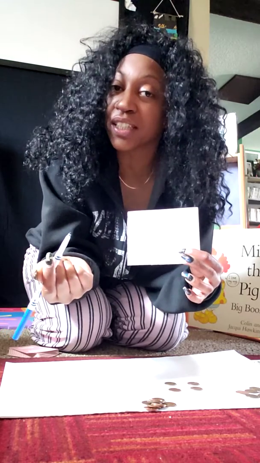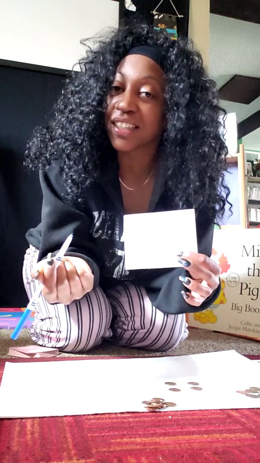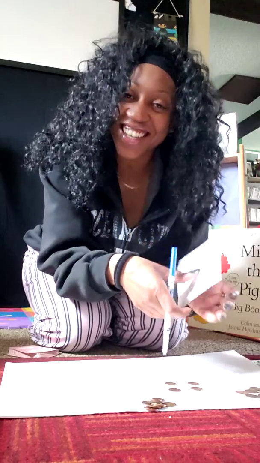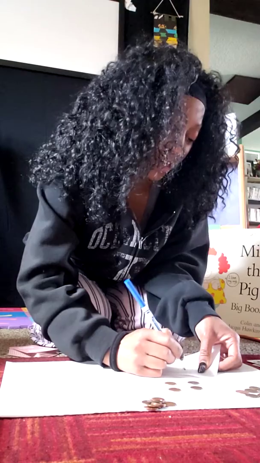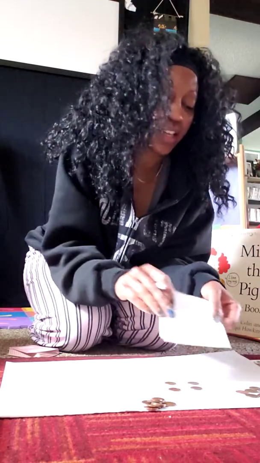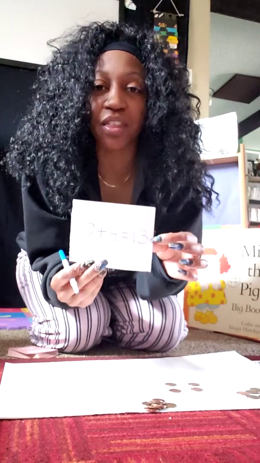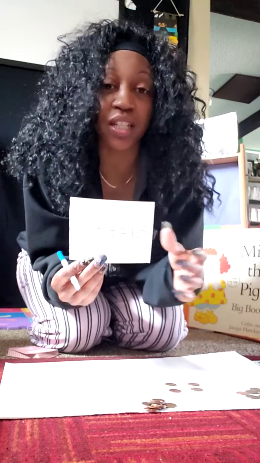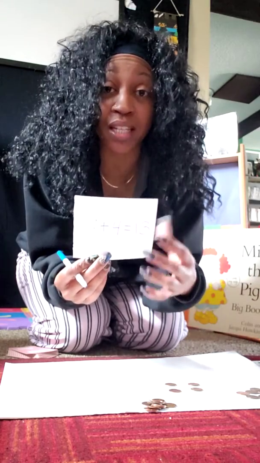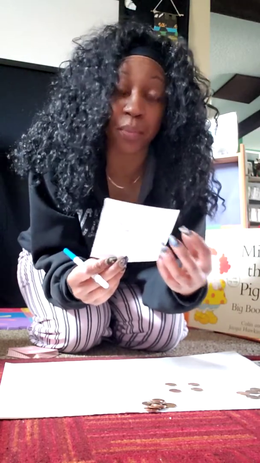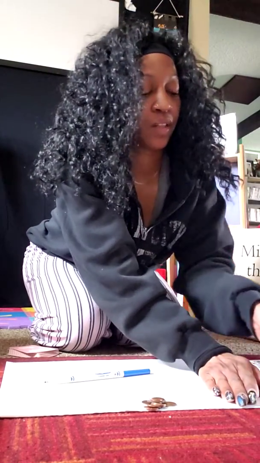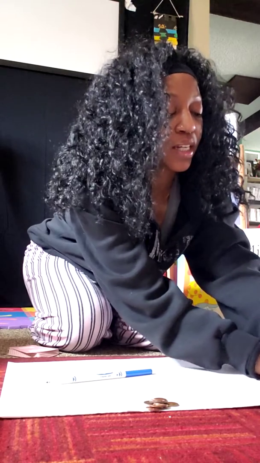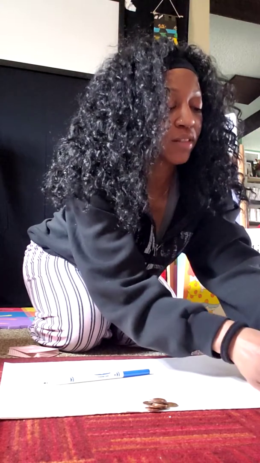How do we write 13? Give your brain a kiss. Yes, a 1 and a 3. That's how we write 13. So you're going to take those 13 pennies and put them on top of this number. The number 13, because that's how many pennies we counted.